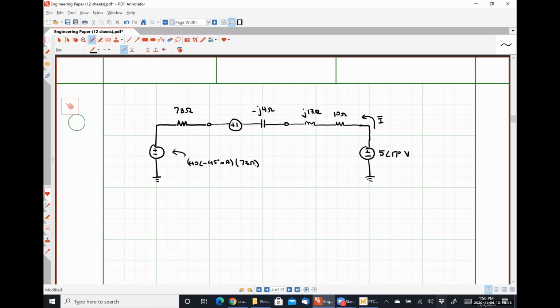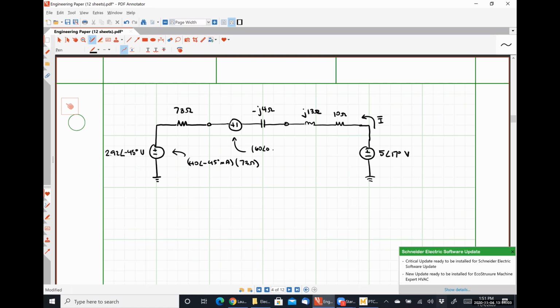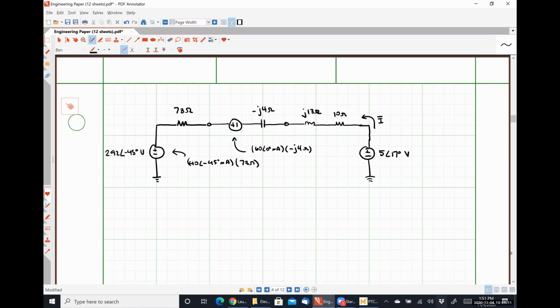So 0.04 times 73 gives me 2.92 with an angle of minus 45 degrees volts. This guy is going to be 60 angle 0 degrees milliamps times minus J4 ohms. So 0.06 times 4 is 2.4. Well, because I'm multiplying by minus J, that's the same as negative 90 degrees volts.